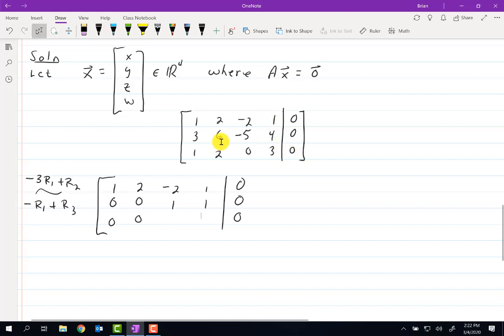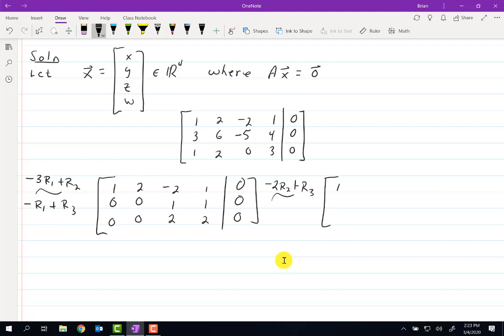And then the negative of this number will be 2, and I add it to the third row. That'll put 2 here. And then negative 1 plus 3 will be 2 as well. I can wipe out the third row just by taking negative 2 r2 plus r3.